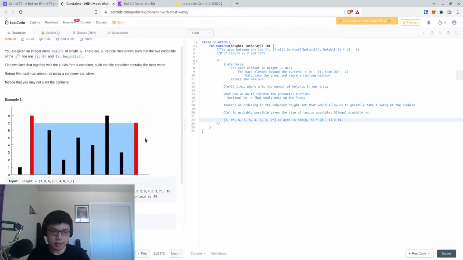And we would have to change it such that we achieve a number greater than or equal to 49. But is that even possible? If we find a 9 here, it doesn't matter that it's a 9 because it's 8 times 6 at that point, which is 48.